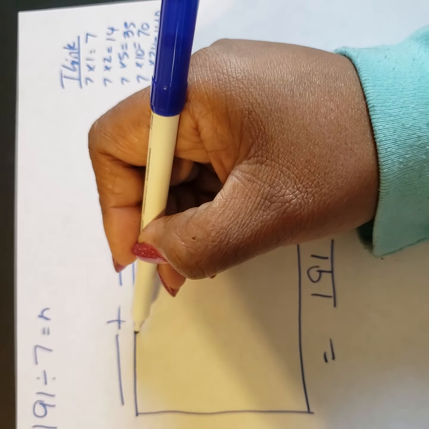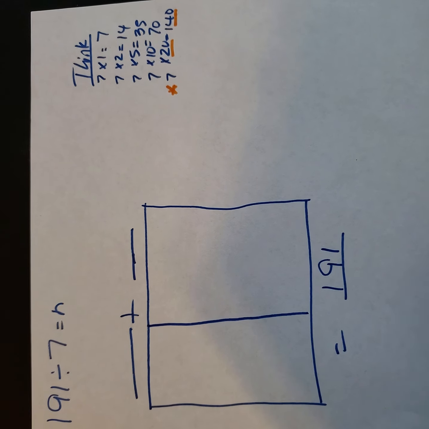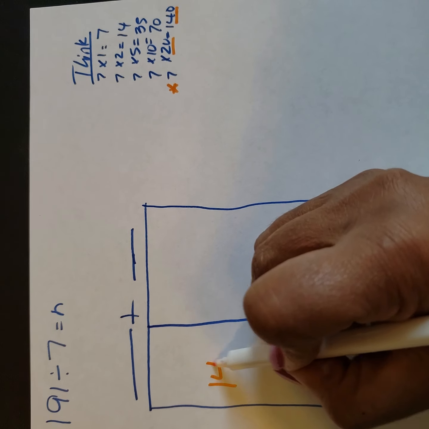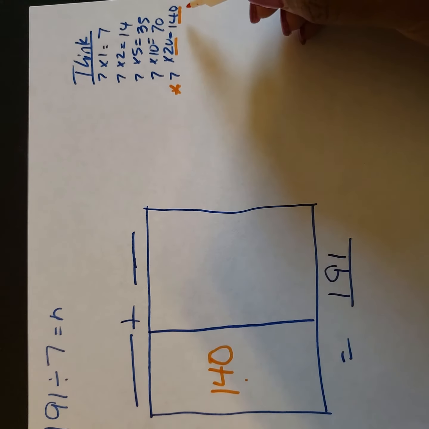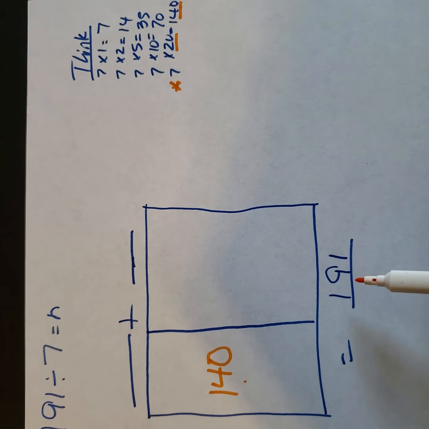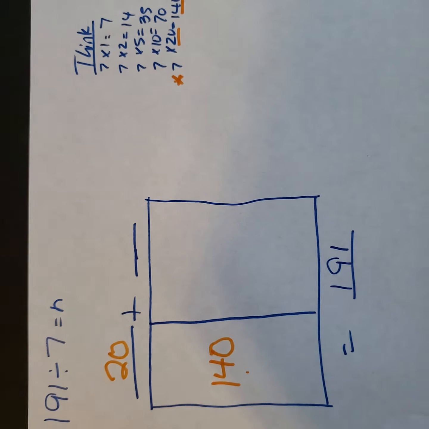All right, let's go ahead and plug it in. I'm going to go ahead and break my area model up into a couple of parts here. And the first part I'm going to fill in is my 140. Keep in mind that 140 is a piece of our 191. And how did we get it? We used 20.